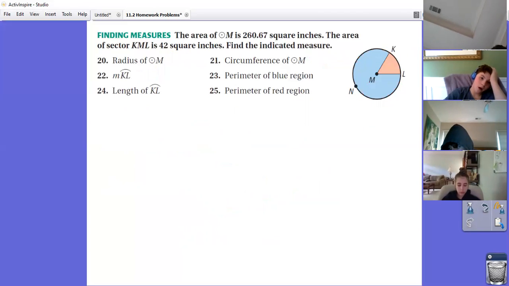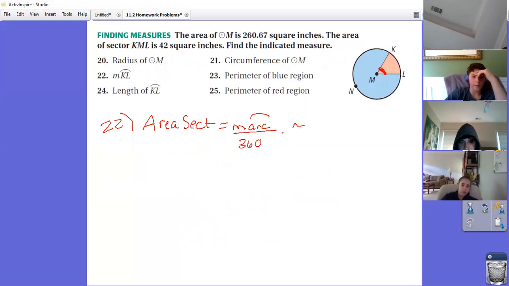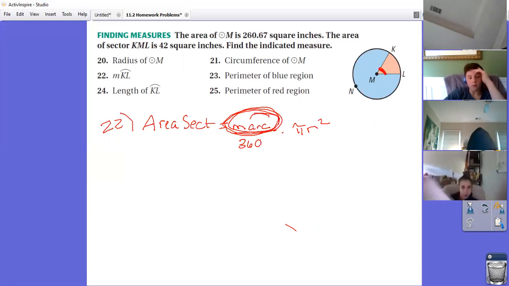Okay. So for 22, to find the measure of arc KL, really you want to find the angle measure there. So for number 22, I'm going to use the area of the sector is equal to the measure of the arc divided by 360 times pi r squared. For this one, I want to know the measure of the arc. I do know from up here, in this information, that the area of the sector KML is 42.